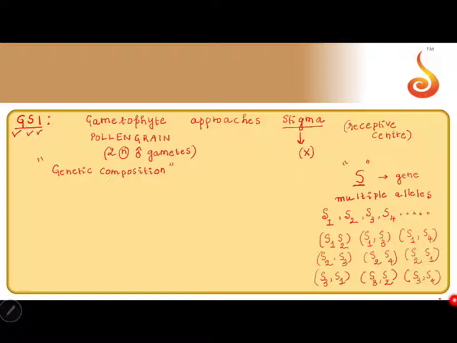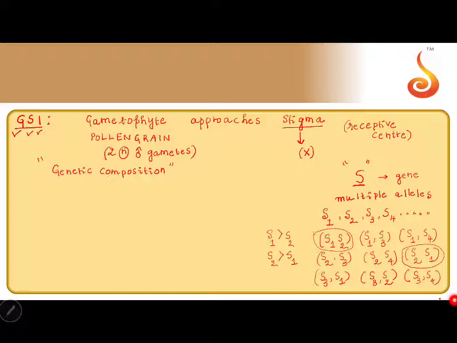But you see here I wrote S1, S2, and I wrote S2, S1 here. This is possible in dominance. If S1 is dominant over S2, heterozygous dominant, then S2, if I write first, is dominant over S1.